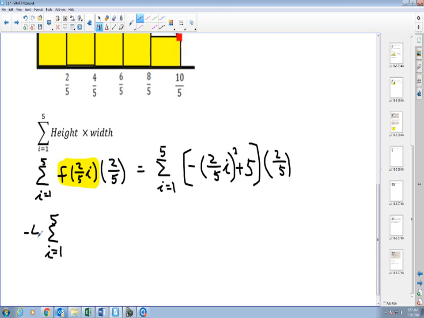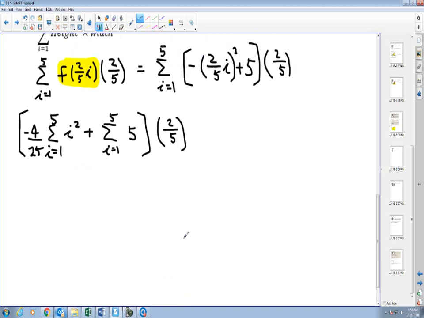So that'll be negative 4 over 25, and that will allow me to isolate the i squared here. Plus the 5 part, which is the sum of i equal to 1 through 5 of 5. So all these are going to eventually be multiplied by 2/5. So I can go ahead and distribute the 2/5, put them up front. But right now I just want to focus on the i squared part.